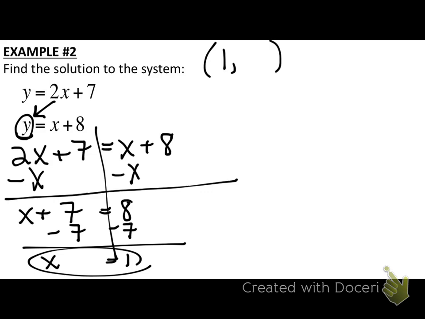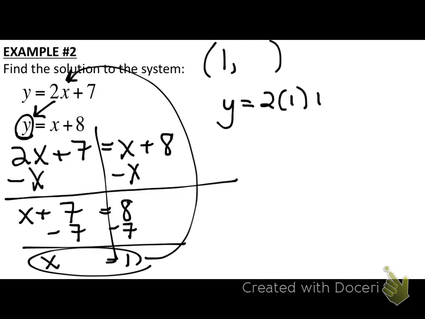But now we need to go plug it back in for y, all right? I mean, we got to plug it back in and find y. So let's plug it back in. And y is going to equal 2 times 1 is 2, plus 7 is 9.